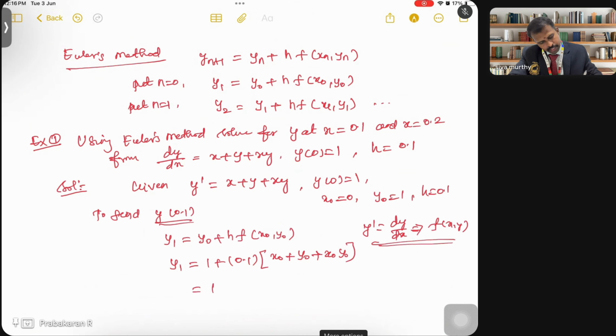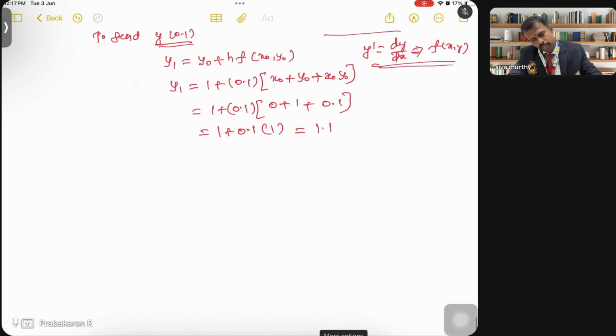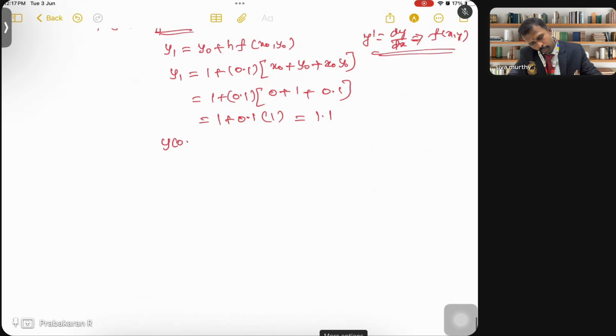Then 1 plus 0.1 bracket, the value of x0 is 0, y0 is 1, because already found, so 0 into 1. Finally we get 1 + 0.1 × 1, we get 1.1. So we get y(0.1) = 1.1. That is our answer.